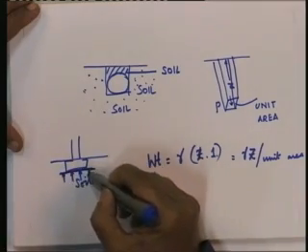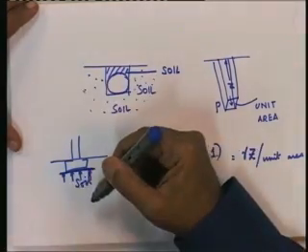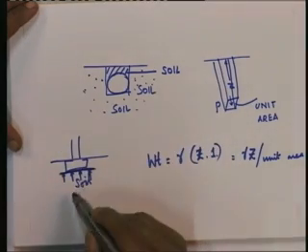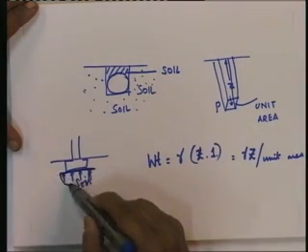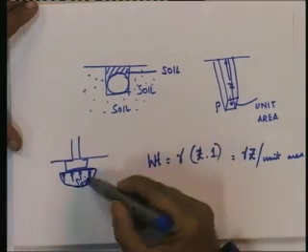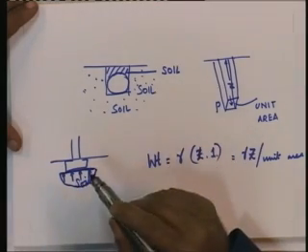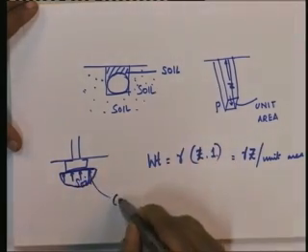So, if the foundation is imposing a load on the soil, in turn the soil is going to impose a resistance, which is what is depicted here in the form of a pressure distribution under the foundation. This is what is known as the contact pressure.